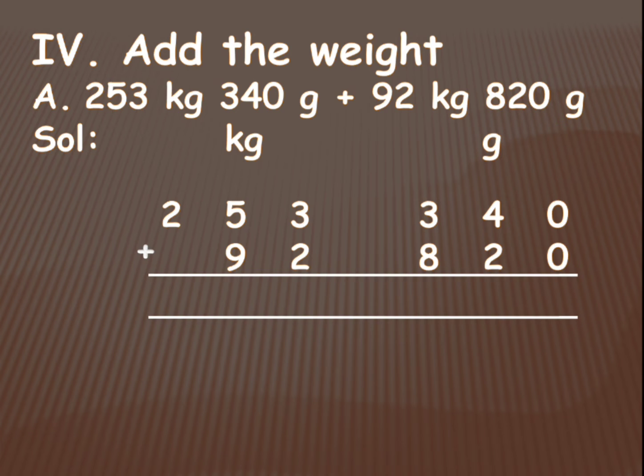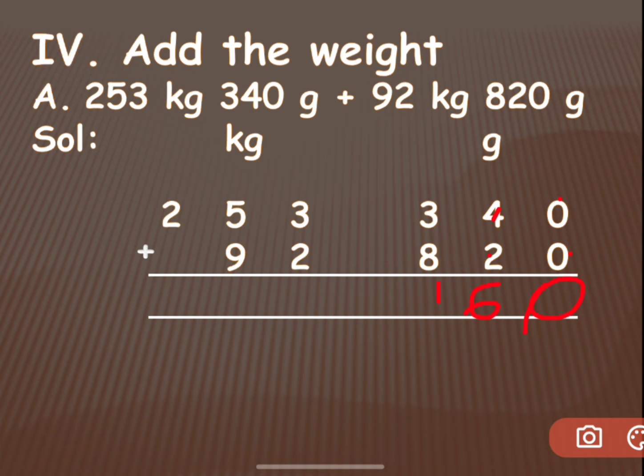Now always start from the right hand side. In grams, we have to start. So you have 0 plus 0, so you will get 0. 4 plus 2 becomes 6. 3 plus 8 becomes 11, isn't it?